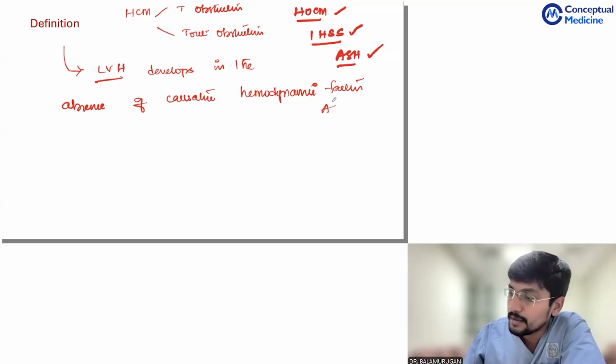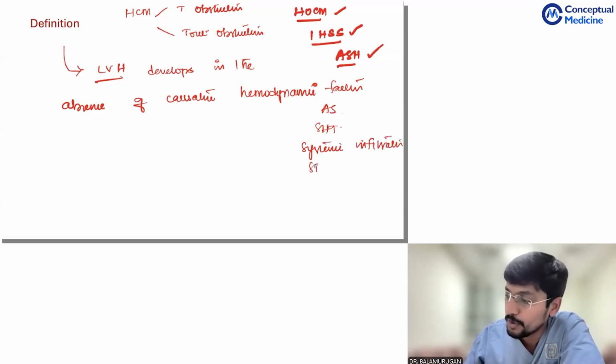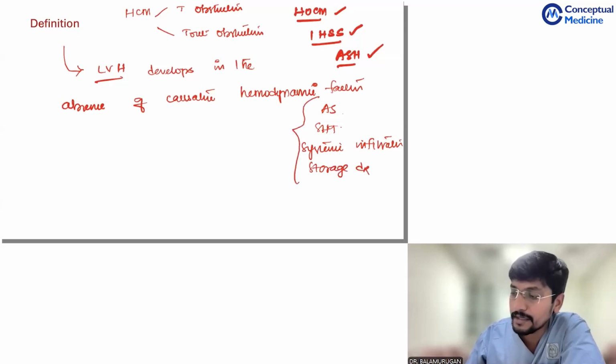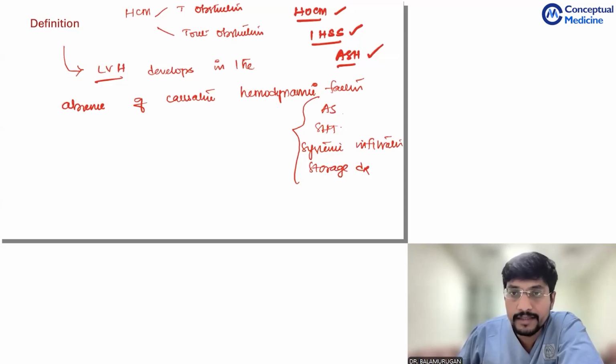Aortic stenosis, systemic hypertension, or any infiltrative disorders or storage disorders. All these can cause left ventricular hypertrophy. Any LVH that develops in the absence of all these factors is termed HCM.